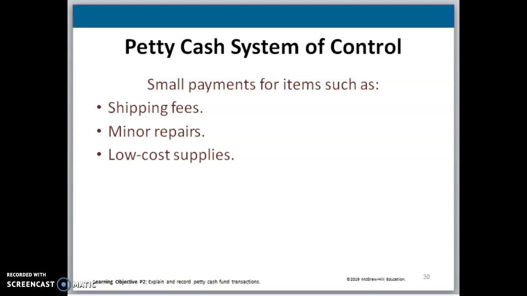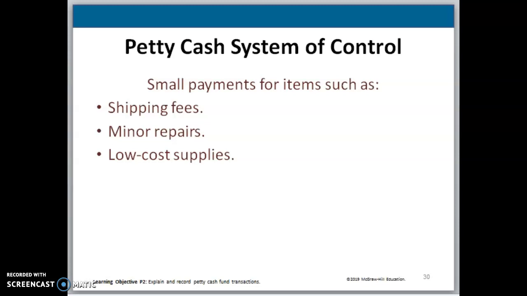So petty cash is going to be an account that's established in our journal system, and we're going to treat it as a cash account, but it is just separate cash that we pulled out of our bank, and we have the physical cash on hand. So we might have a small office and we need a light bulb. Well, we're not going to wait for a check to be cut for a light bulb, right?